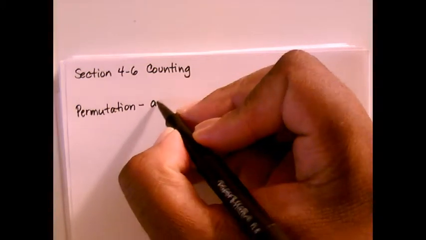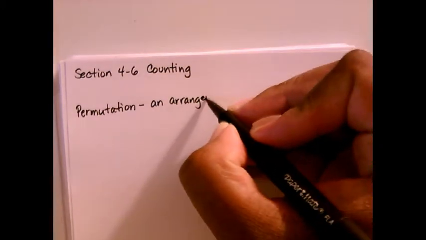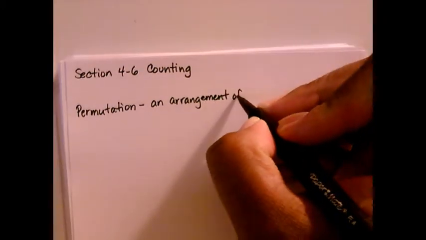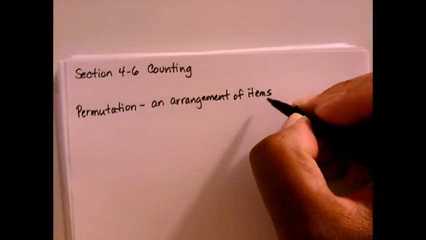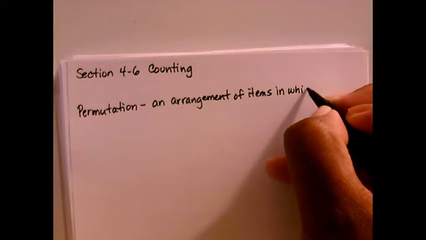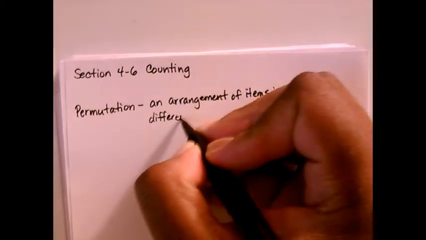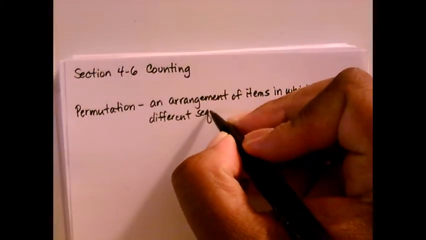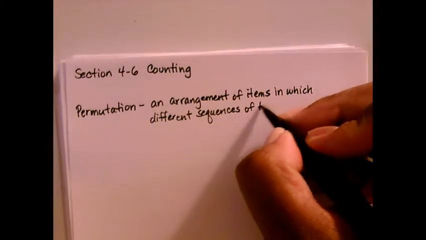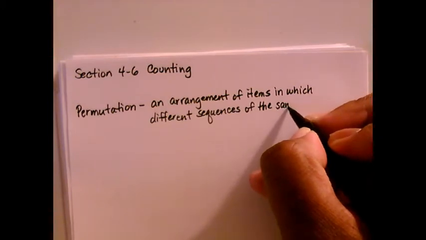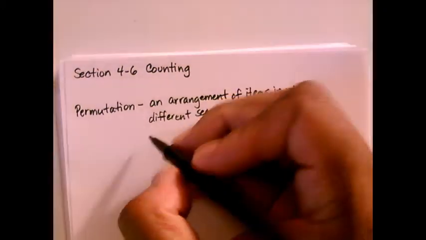A permutation is defined as an arrangement of items in which different sequences of the same items are counted separately.